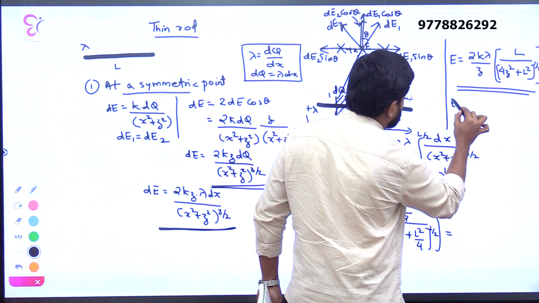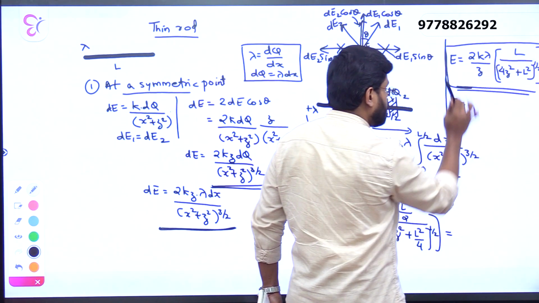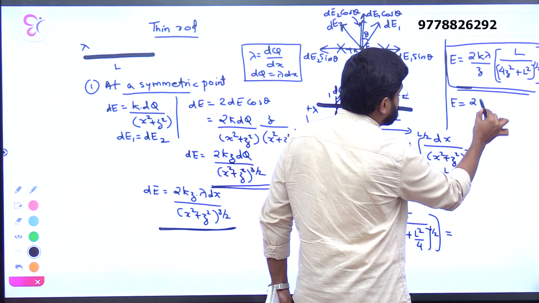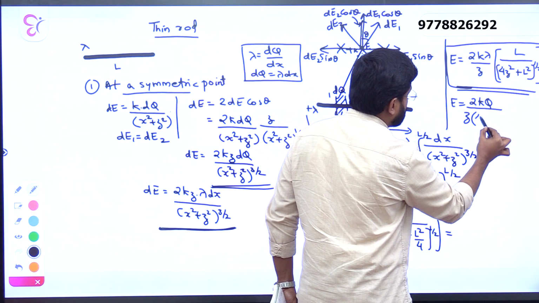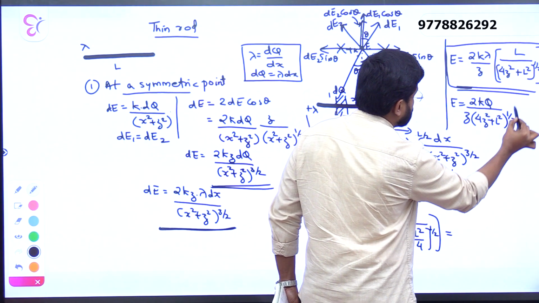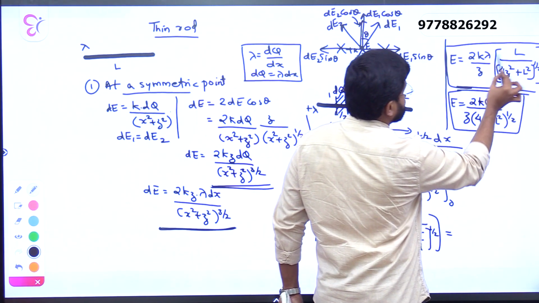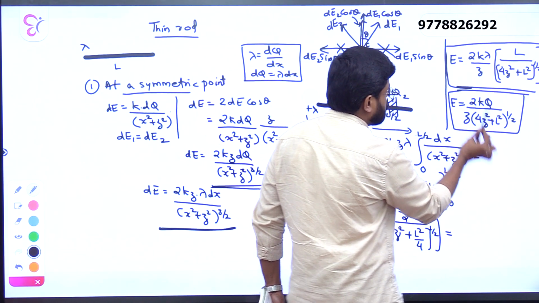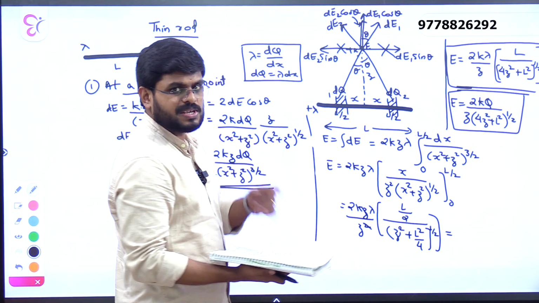You can substitute it there. So electric field E is equal to, this is one expression, it is right. So lambda into L is Q, so it is 2kq by z into 4z square plus L square whole power 1 by 2. So this is another expression. Is it clear?